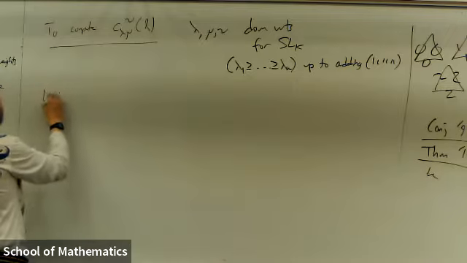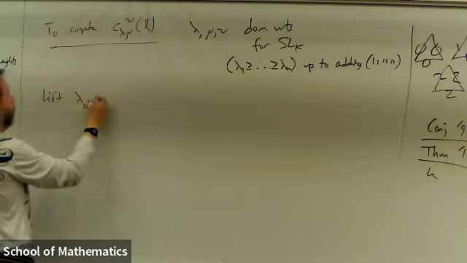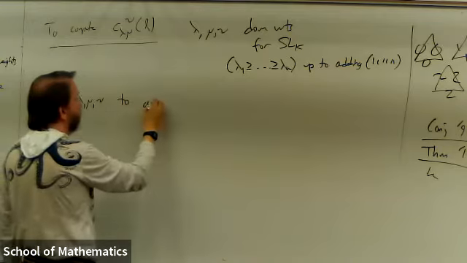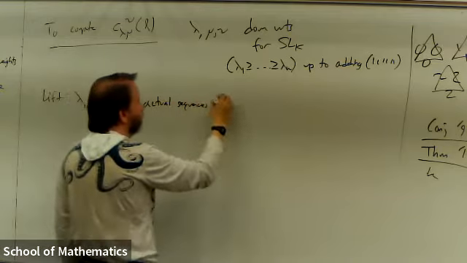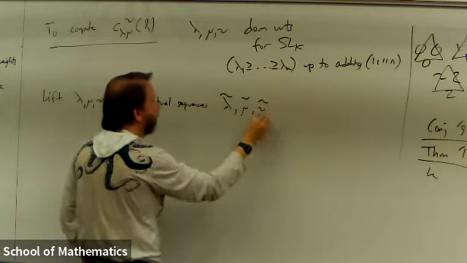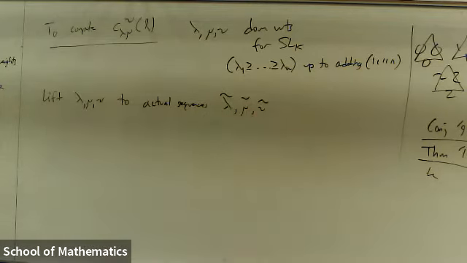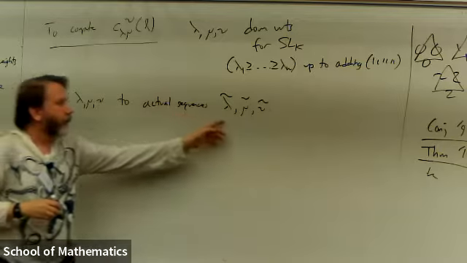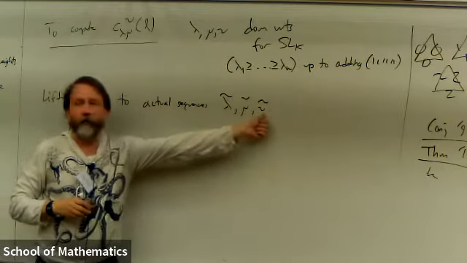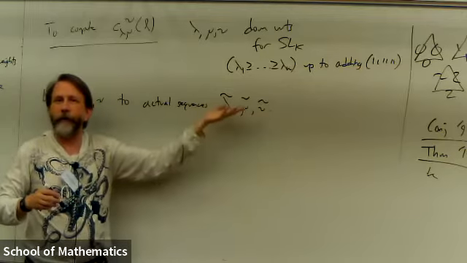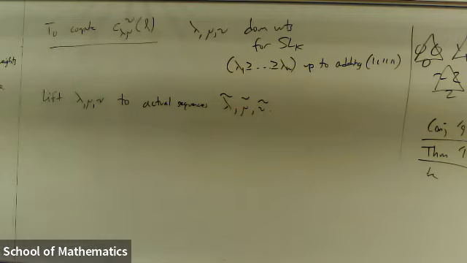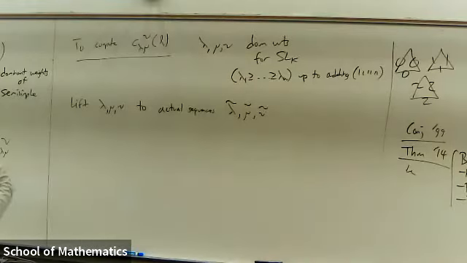Okay, so I lift lambda, mu and nu to actual sequences, lambda tilde, mu tilde, nu tilde. There's a problem now, which is that probably the area of this is not the sum of these two areas, because I just lifted them in some arbitrary way. So I want to measure that. Okay.